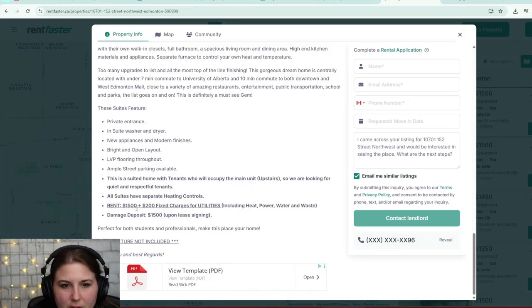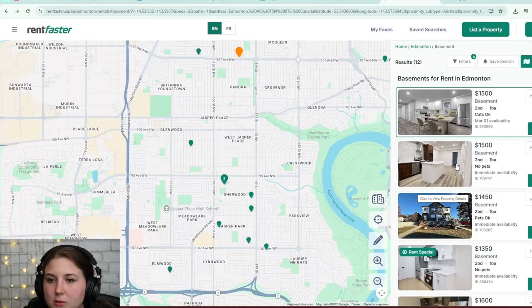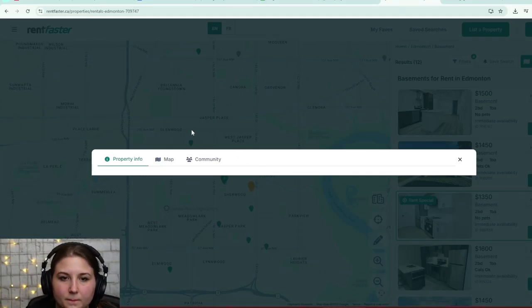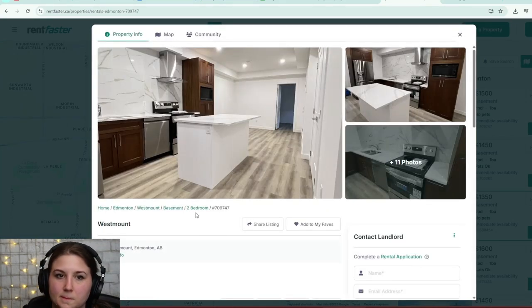Furniture not included. Rent is $1,500 plus 200 utilities. I just need to confirm this is excluding utilities as well.